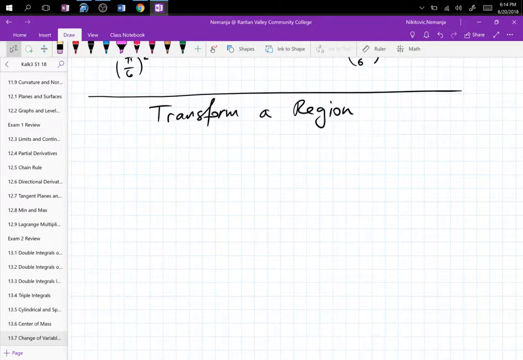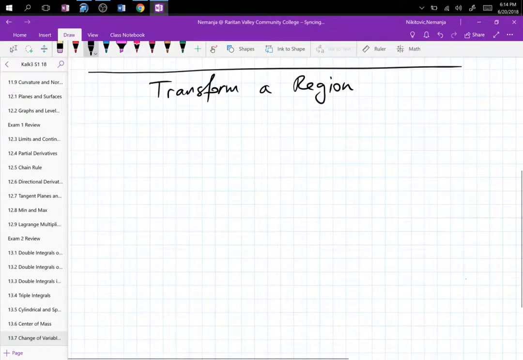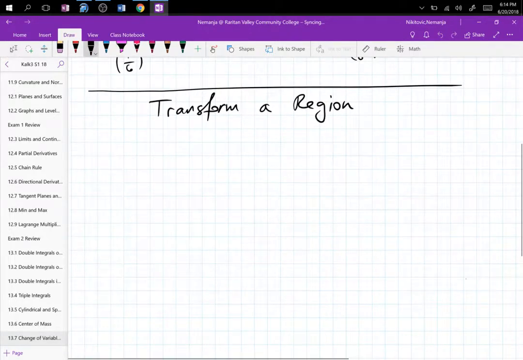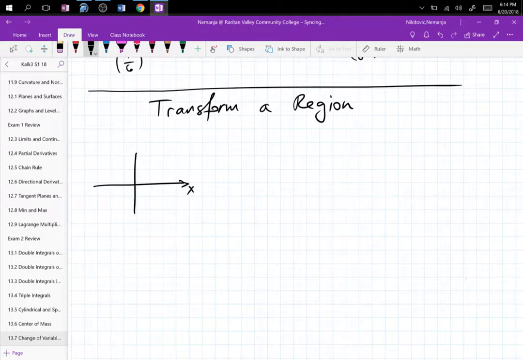Good. So guys, here's what's happening now. To transform a region, we are going to have some kind of region in xy domain. So we have some kind of region here.